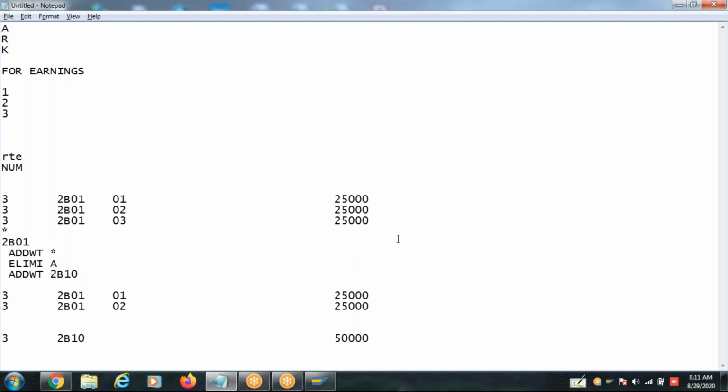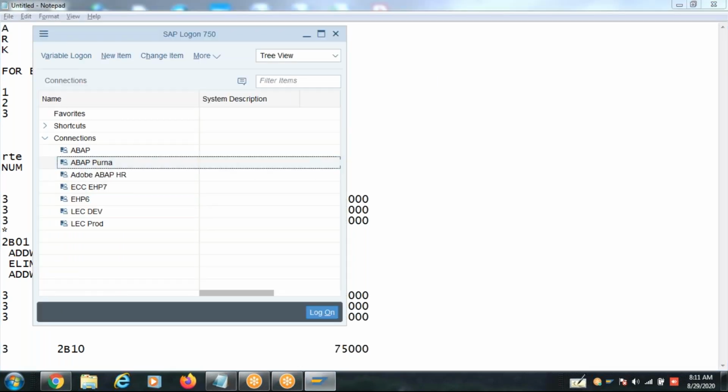But the print showed only 25,000. It did not show all three entries. I think in the example you showed, just before this. Let me show this.